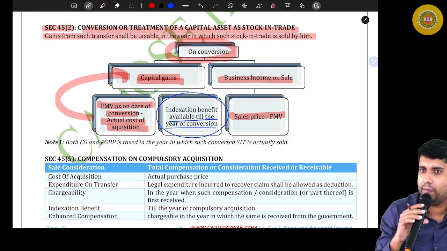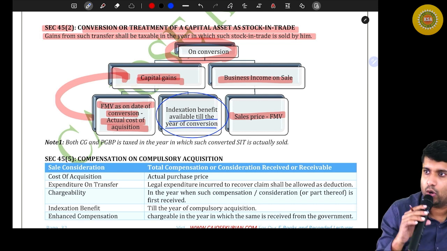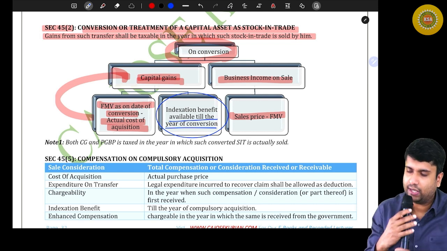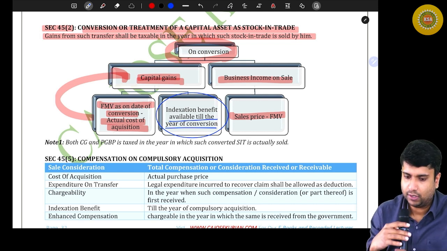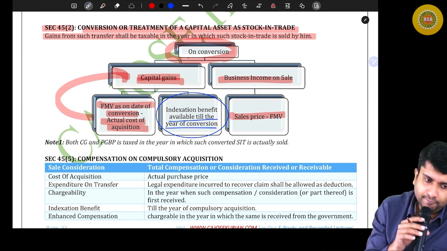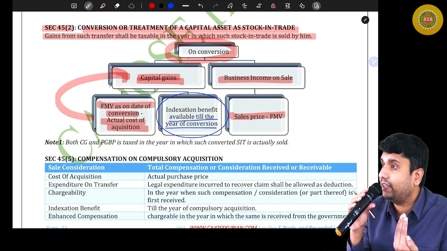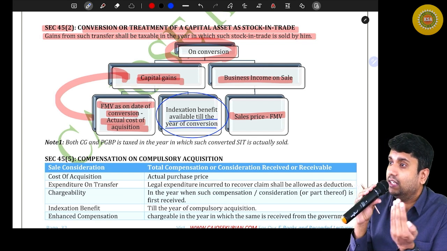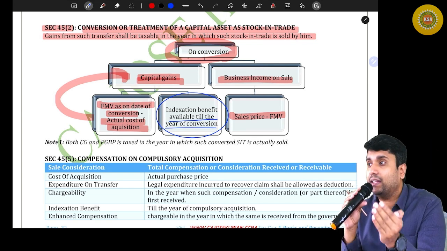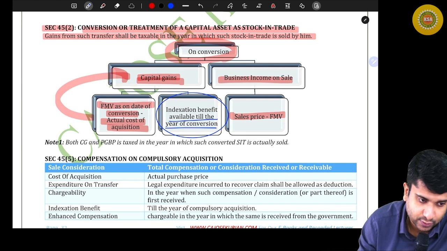Are you all with me? So you can claim that indexation only till the year in which you convert that particular capital asset into stock in trade. That's what they are saying.